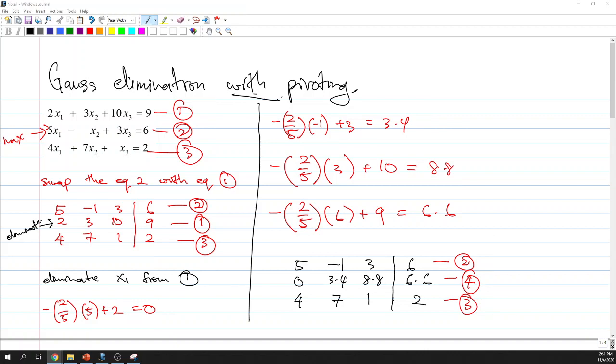So if the question asks you to do the pivoting, you need to do the pivoting. If you just do the Gauss Elimination method without pivoting, you will get the same answer, but you will get only 1 mark, which is the final answer, because the process is considered wrong.